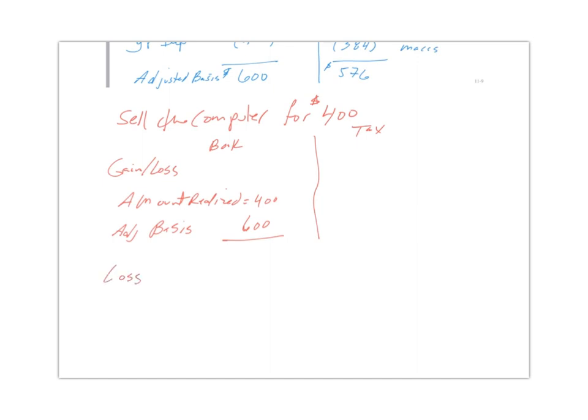So our loss is $200. Okay, now for tax purposes, our amount realized was still $400. But our adjusted basis in this situation was $576. So our tax loss is $176.